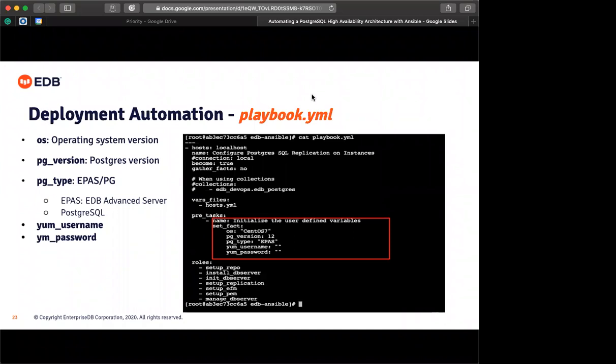Then there is a setup replication role, which actually ensures that your replica is pretty much ready in the multi-node architecture. And with that, it also deploys some additional pieces like setup EFM. It sets up the EDB Failover Manager, which makes sure that it can detect any kind of a failure and accordingly promote one of the replicas if you have deployed the multi-node architecture.